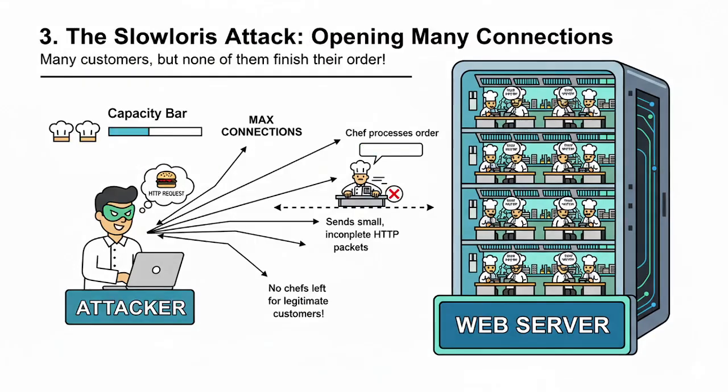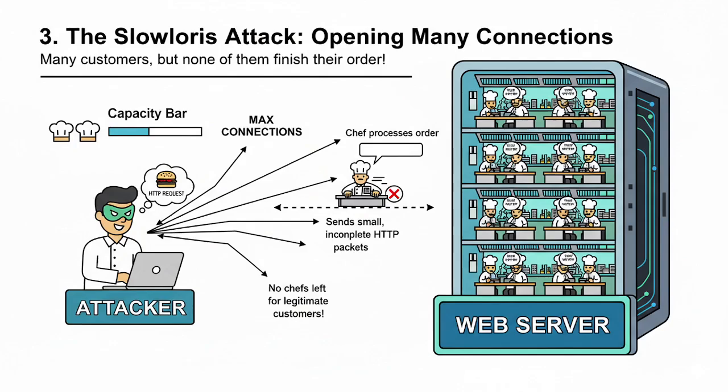Now let's illustrate how a Slowloris attack disrupts this normal flow. We have our attacker masquerading as a customer but with malicious intent. Instead of sending a complete order like a legitimate customer, the attacker sends many small, incomplete HTTP packets.